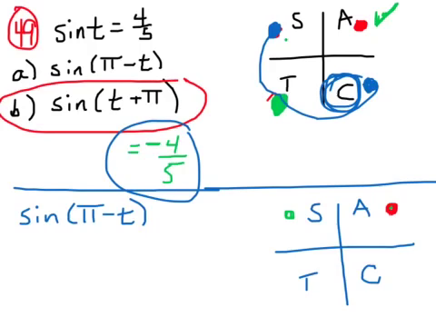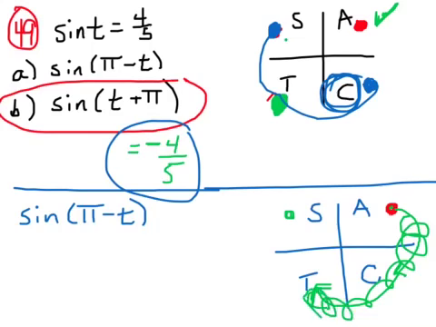What happens if I subtract pi? If I subtract 90 degrees, that puts me in this quadrant, but if I subtract 180 degrees, which is what pi is, it puts me down here. But no, that's not what I need to do here. This is why I left this one for a second. I'm having a hard time with it.